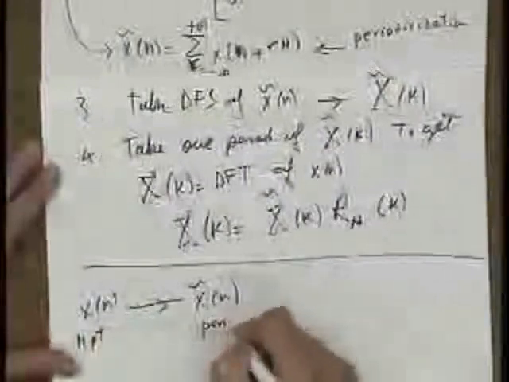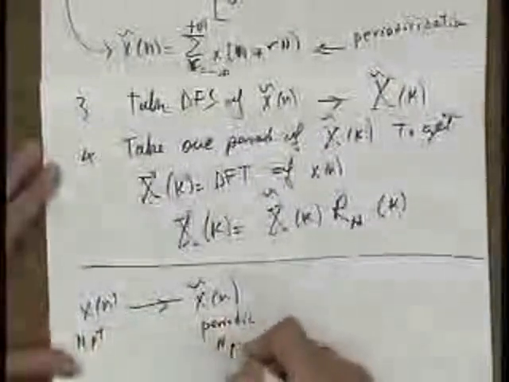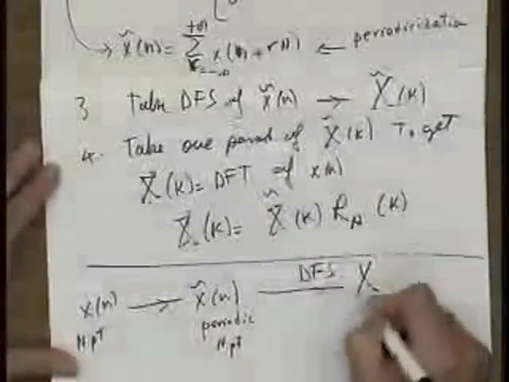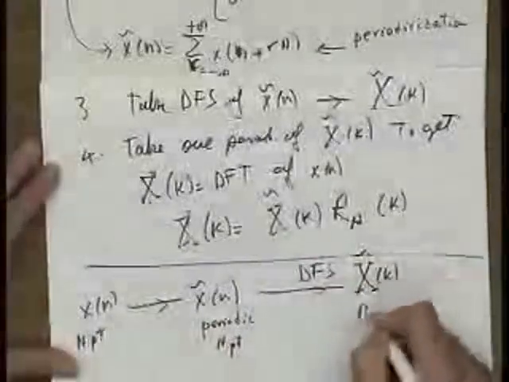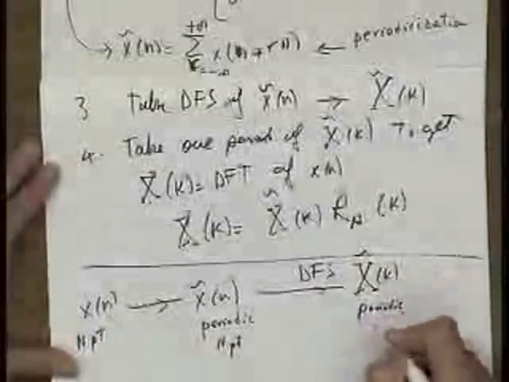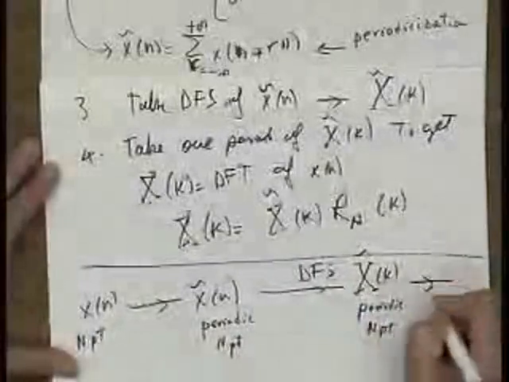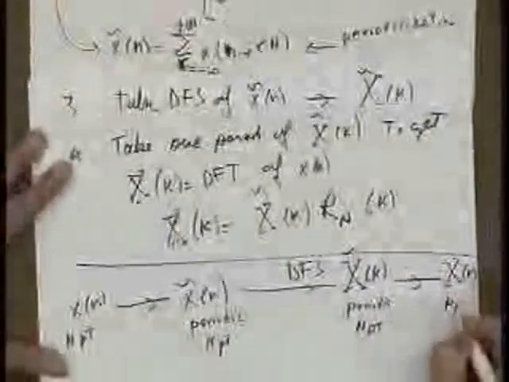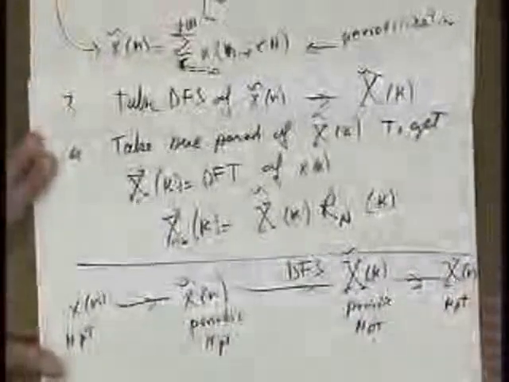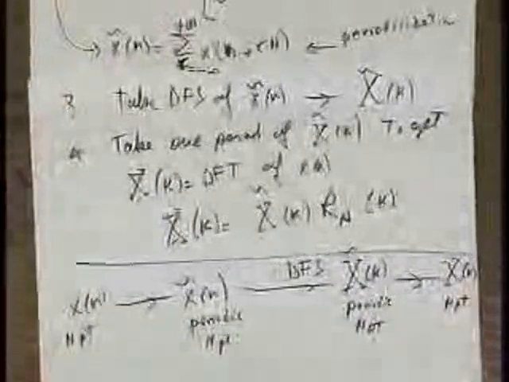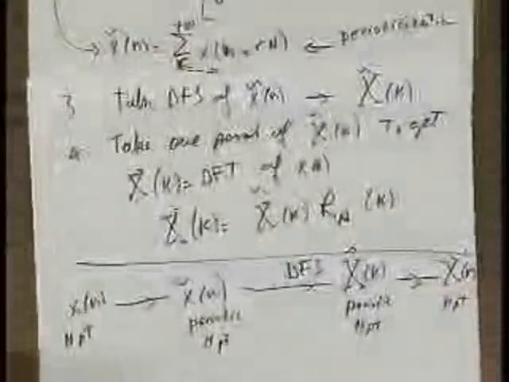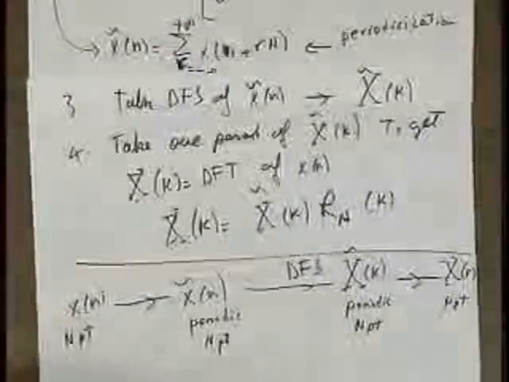This is periodic with N points. And then take the DFS, and that gives you x tilde of k. That's also periodic, but this time in the frequency domain, N point. And then extract one period, and you get X of k. And that's N point also. Okay? That's really it. That's the relationship between DFS and DFT.